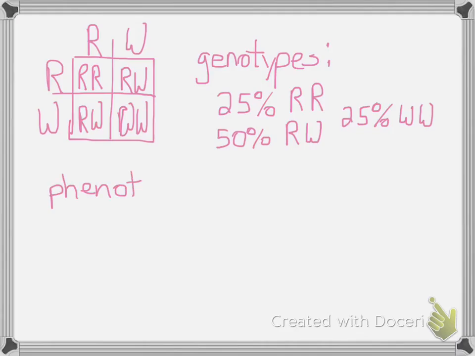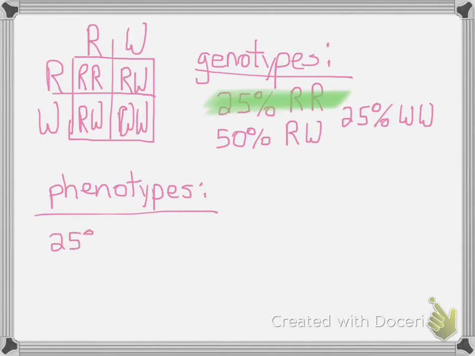So with incomplete dominance, as we're interpreting our phenotypes, I'm going to start by looking at that 25% RR, capital R, and we know that that means it's going to be red, so we're going to have 25% red, and then we look at our next one, and that's our 50% pink.